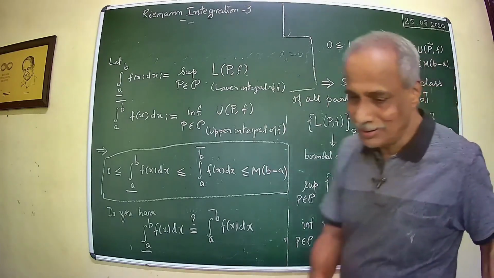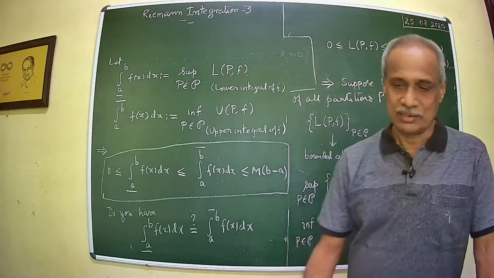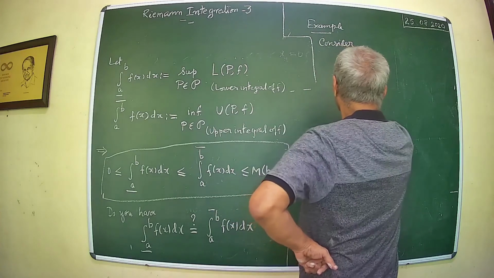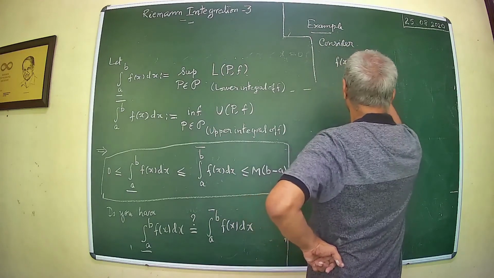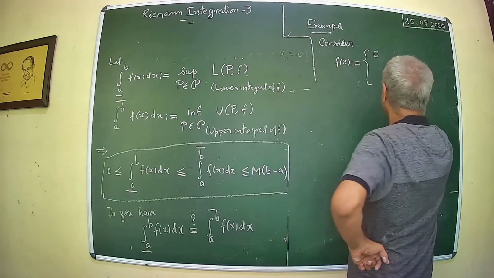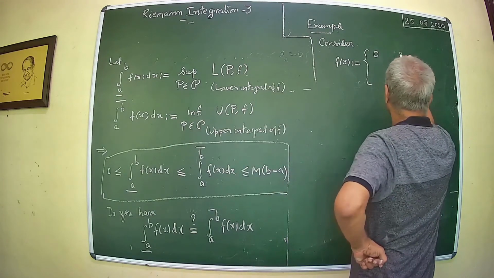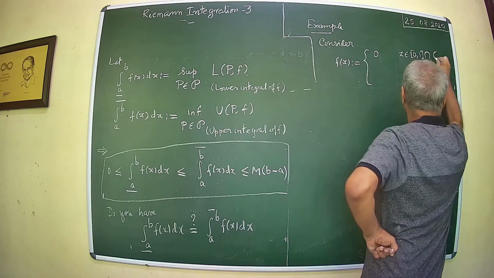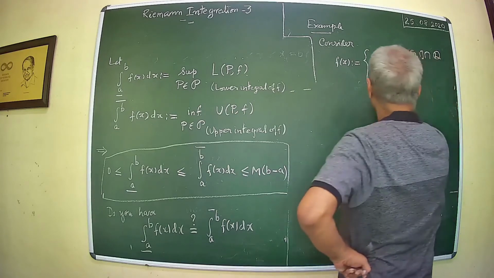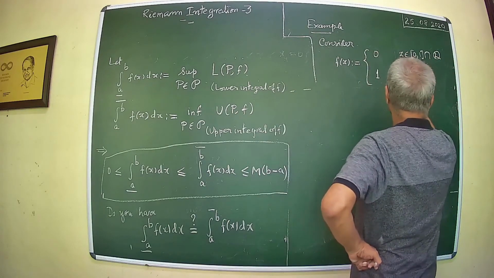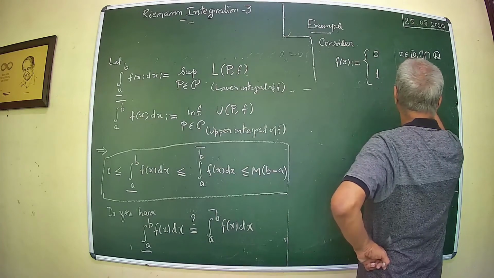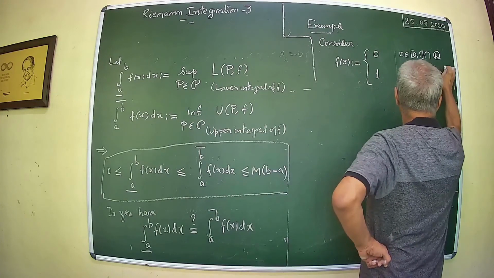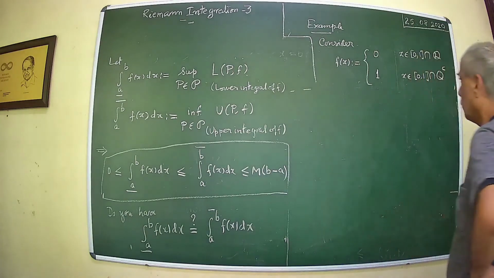I'll make a small investigation on some example. So let me define the function: it is 0 on the set of rationals, and 1 on the set of irrationals on the interval 0 to 1.